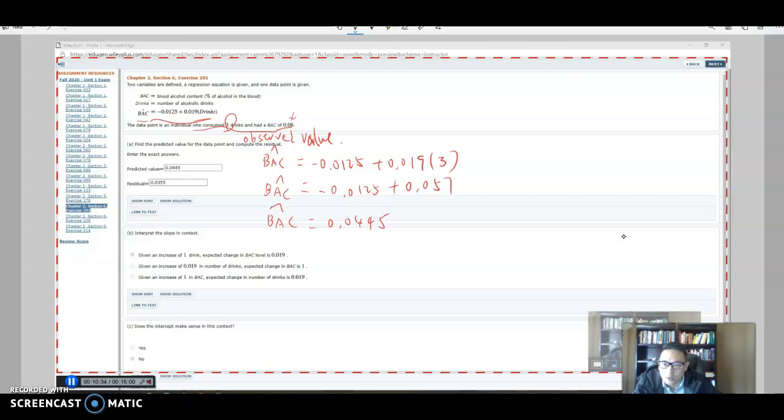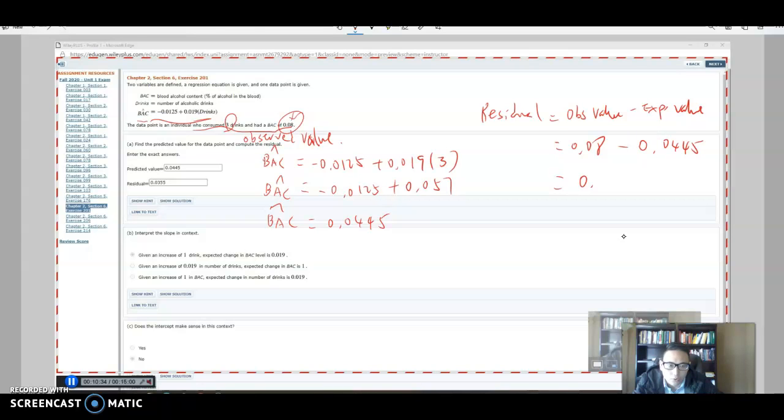Then the residual will be equal to the observed value minus the expected value, which is 0.08, my observed BAC, minus 0.0445.